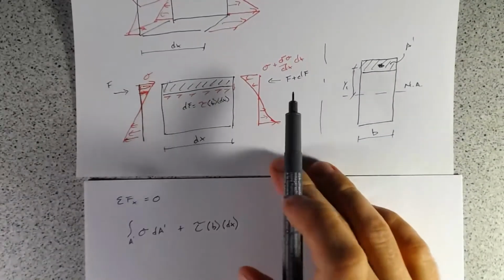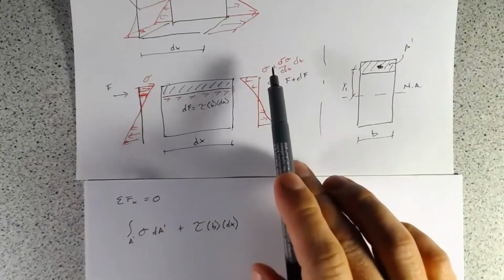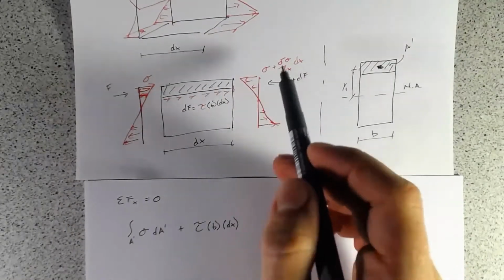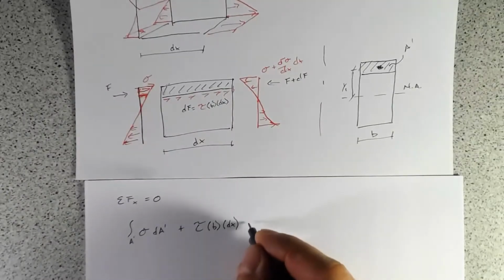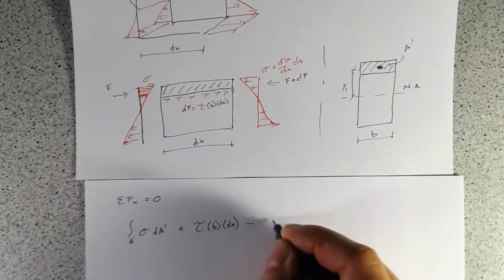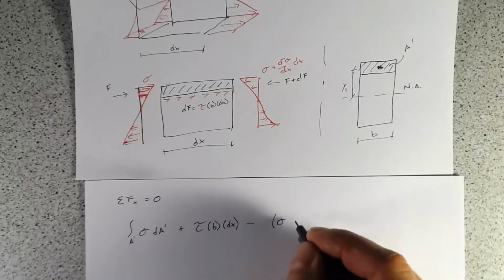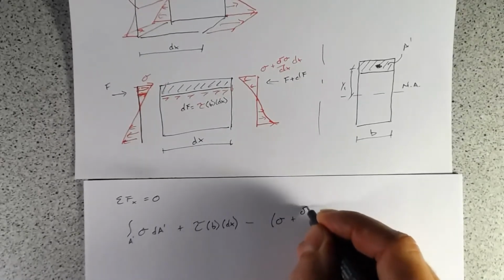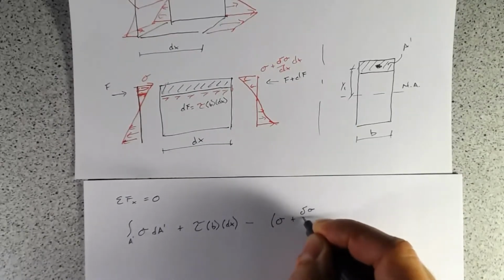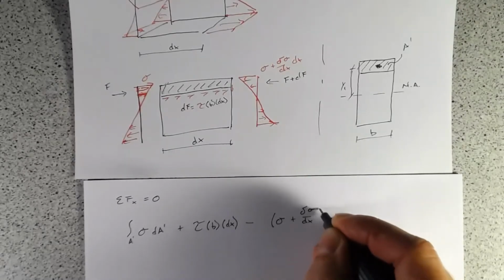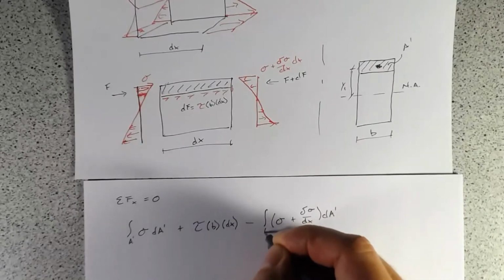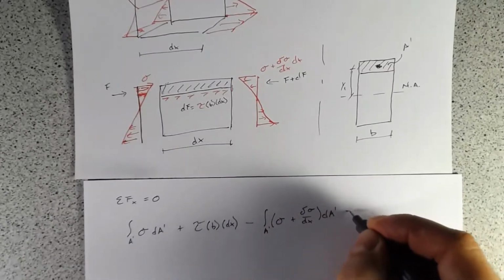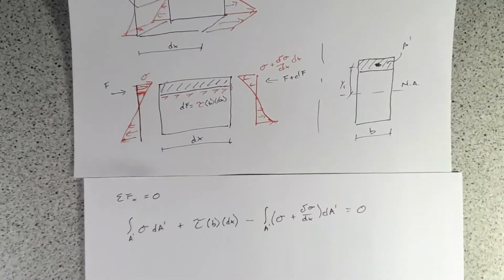And then it's going to be minus this stress integrated over this area. So it's going to be minus sigma plus delta sigma over dx dA, and we'll take the integral of that over A. And all of that has to equal 0.